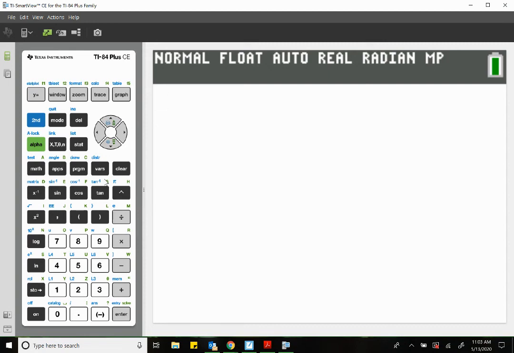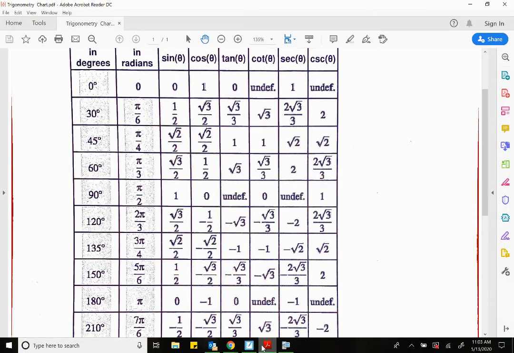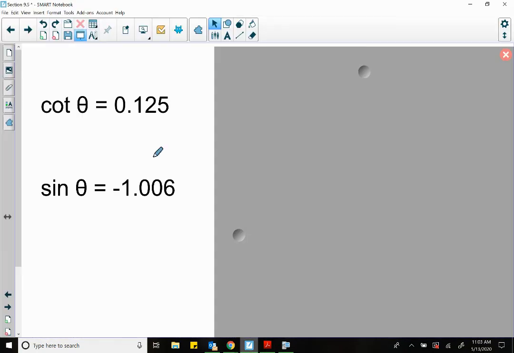What inverse trig does is it helps you find the thetas, or in other words, the angles. And they're going to want these angles, if I remember correctly, in degrees. Let me double check that.